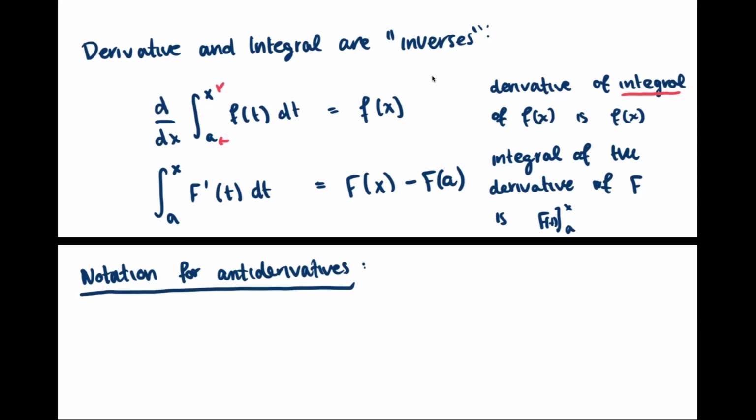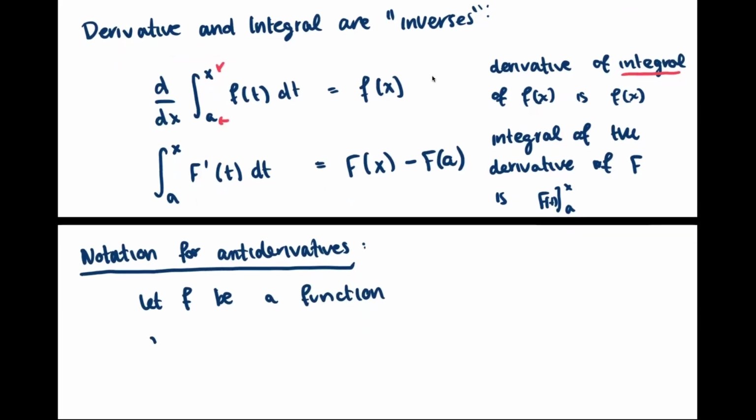So let f be a function. Then I'll write an integral with no bounds. This is going to stand for the general antiderivative of f(x).